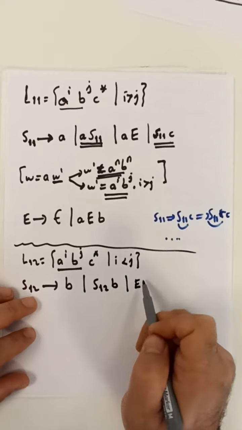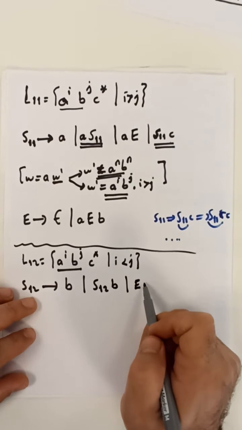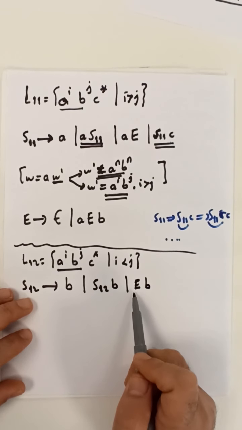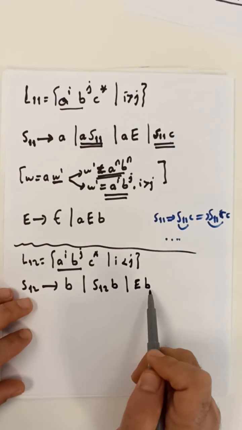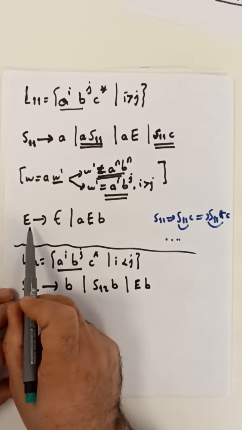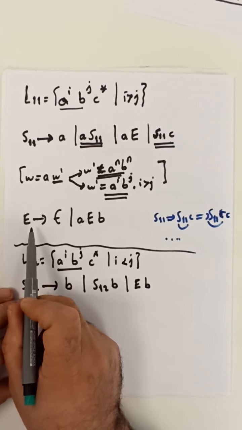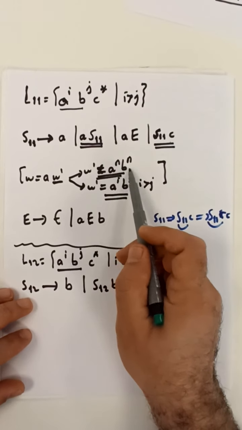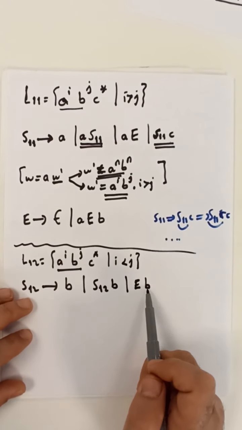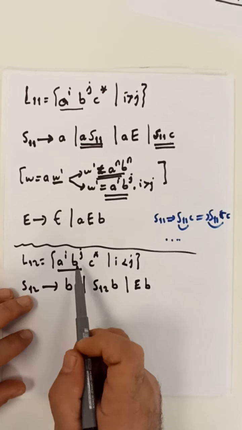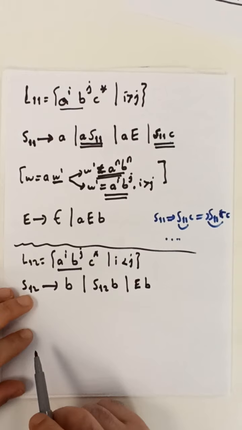To be able to generate such strings as well, we just write a rule that says S12 can also correspond to E followed by B, where E generates all strings with A to the n, B to the n: some number of A's followed by the same number of B's. And if we add yet another B at the end, then we will get yet another type of string that belongs to this language L12.